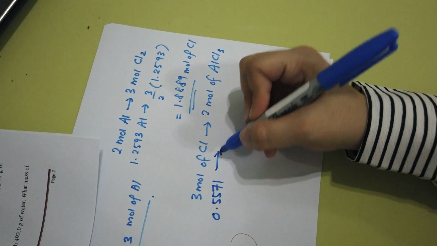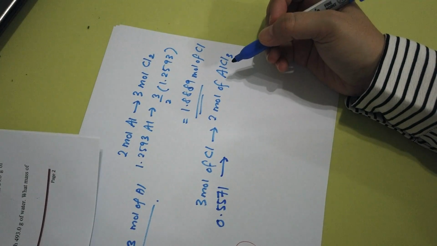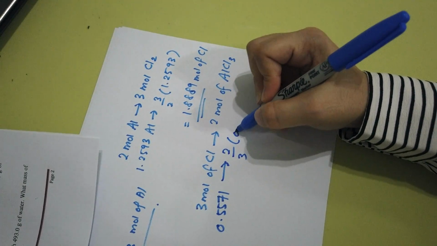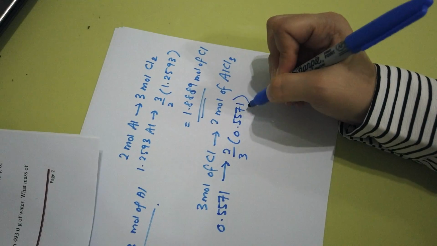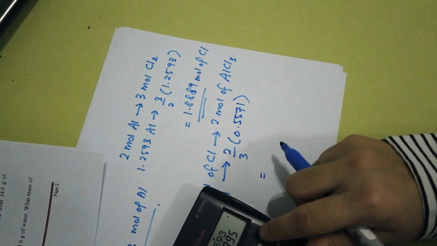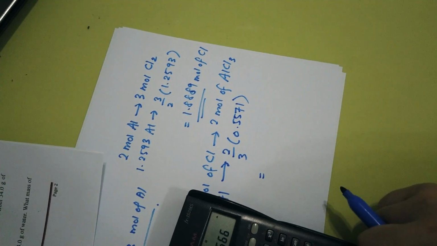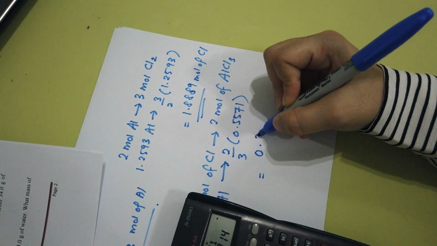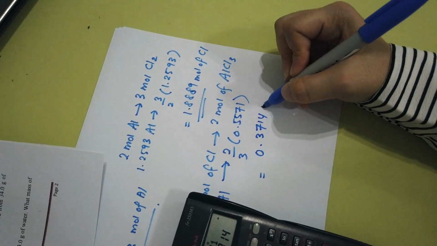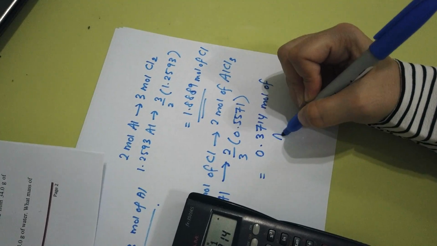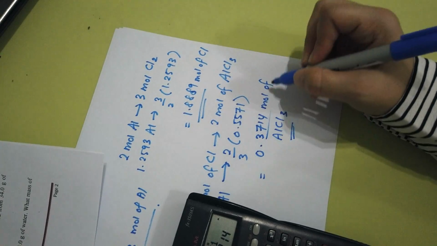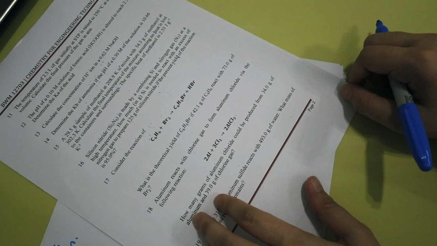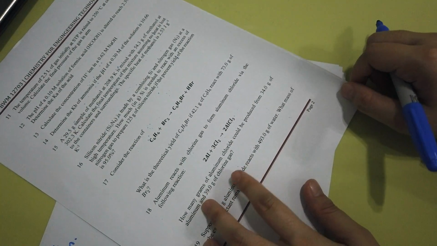So how much AlCl3 is going to be produced is 2 over 3 times 0.5571. So it should be equivalent to 0.3714 mole of AlCl3. But still, in the question, you were asked to calculate the mass in gram.